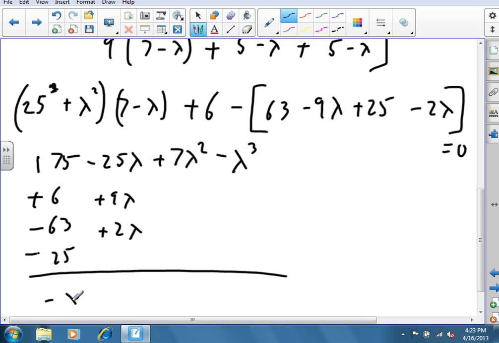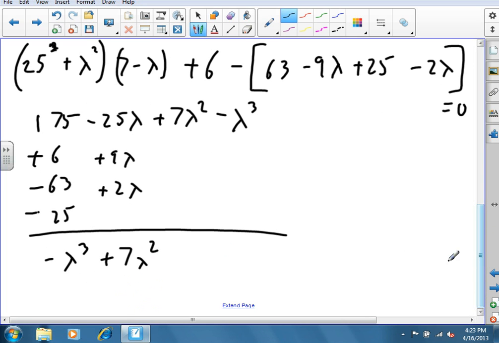Okay, so I got minus lambda cubed plus 7 lambda squared minus 11, 14 lambda plus, okay, so I got 175 plus 6 minus 63 minus 25, 93, you gotta be kidding me.